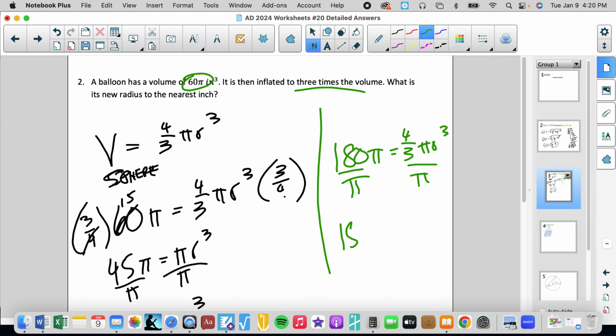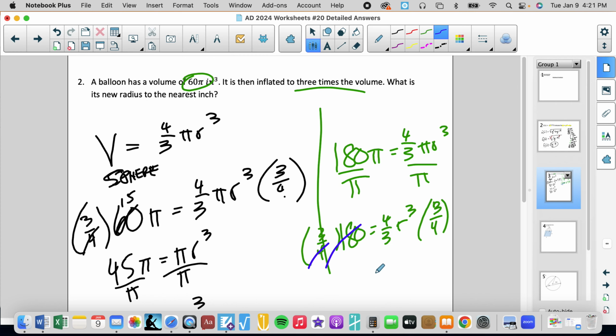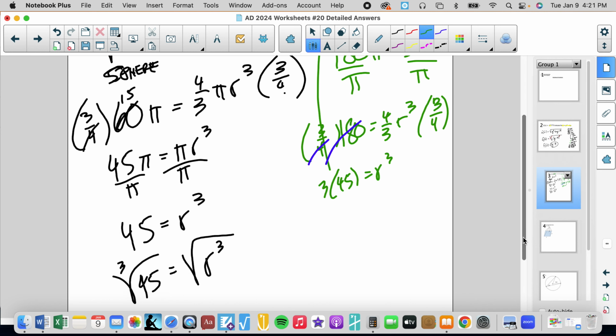We can do that way. 180 equals 4/3 r cubed, multiplied by 3/4. 4 goes into 180. 180 divided by 4 gives me 45. So we get 3 times 45 equals r cubed.